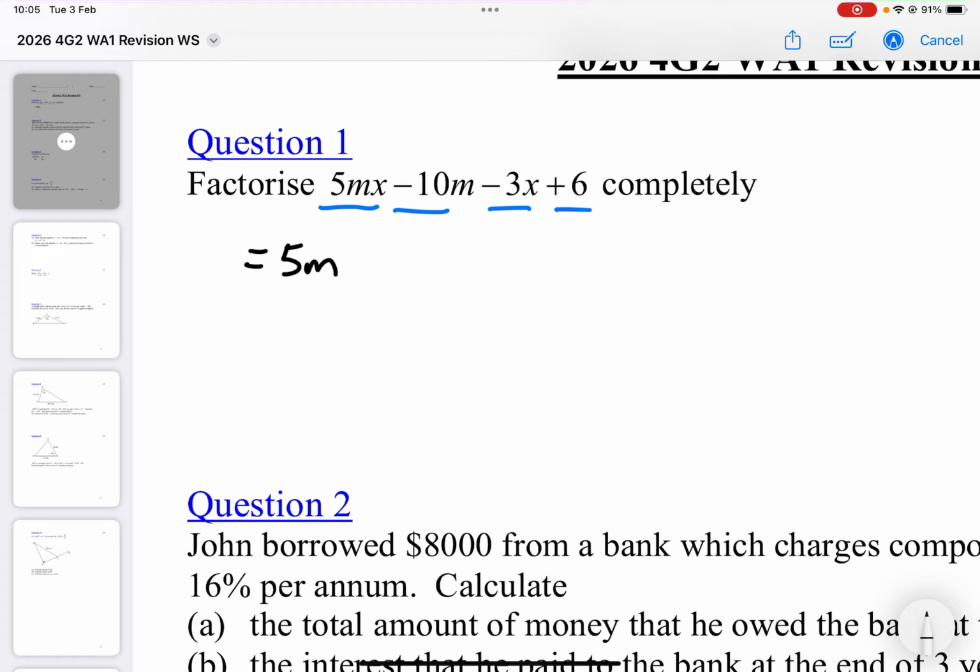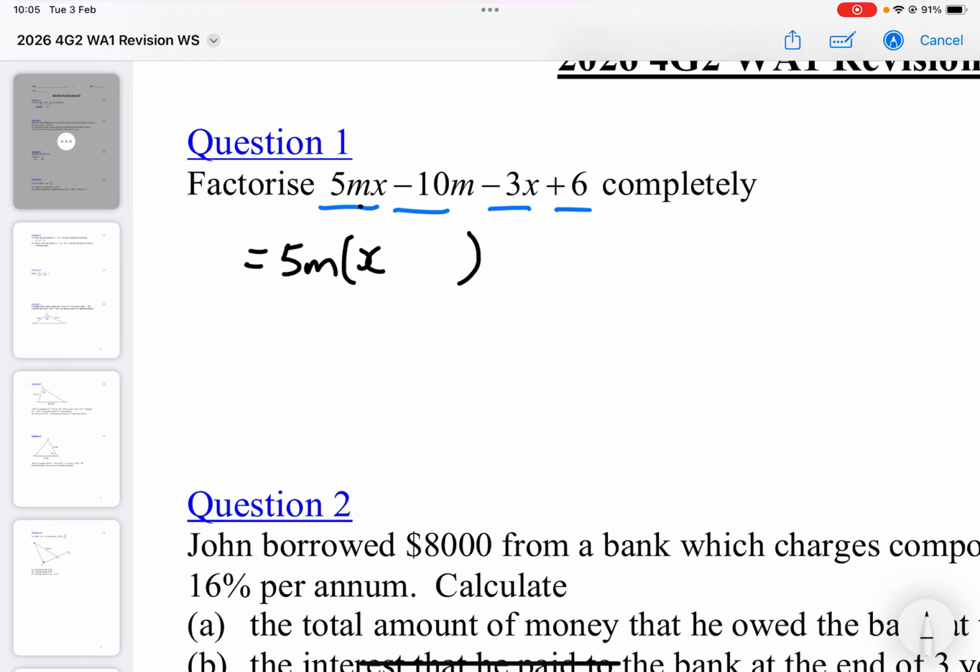So when I factorize out these 2 terms, I'll be left with a bracket. What is inside the bracket? 5mx and minus 10m, so I will still have 2 things inside the bracket. The first term inside the bracket is 5mx divided by 5m, because I have taken out the common factor. 5 divided by 5 is 1, m divided by m is 1, x has nothing to cancel, so I'm left with 1x, so x.